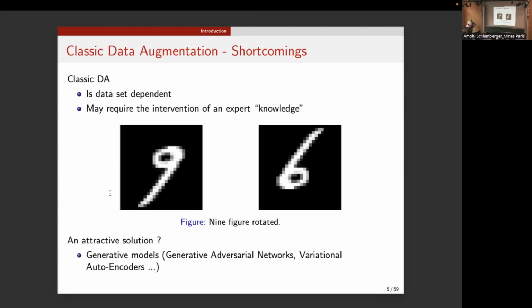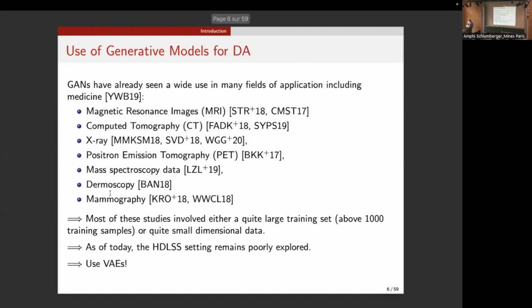I don't know what types of images would separate control patients with normal brain aging from Alzheimer's disease brain aging. So there is a notion of expertise that we don't have. Of course, a lot of different techniques have been used to augment data, in particular GANs.